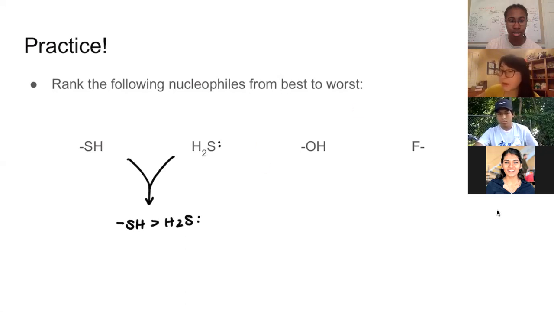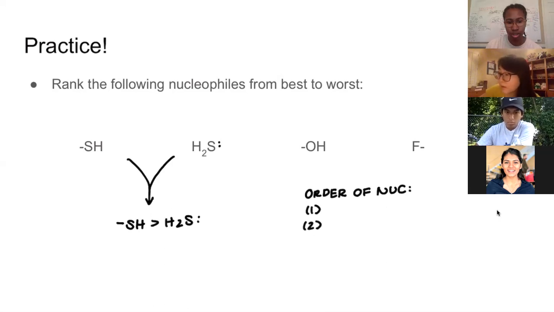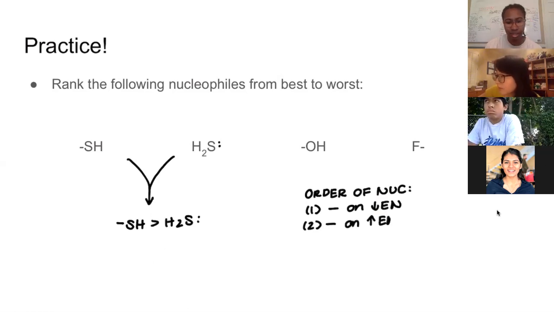So we're going to have to look at the rules that Sydney talked about earlier. Let me know if this is too small for any of you and I can write it bigger. I'm just going to write 4 of them because we don't need the 5th one for now. So first one's going to be negative charge on a less electronegative atom. That's why I wrote the downward arrow. That's going to be negative charge on a more electronegative atom.